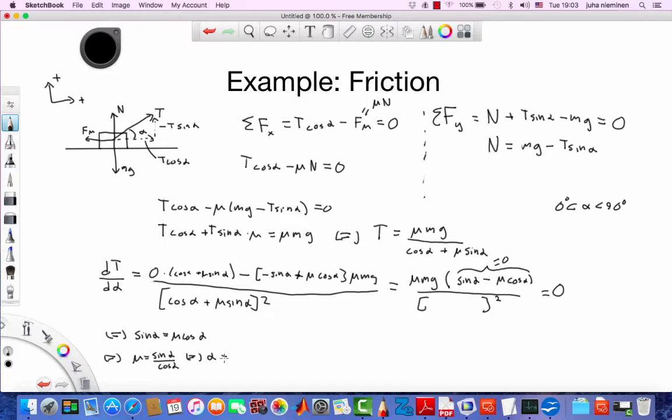So alpha can be solved to be the inverse tangent of mu. And in our case, mu is, let's say, 0.4. So the inverse tangent of that is 21.8 degrees.